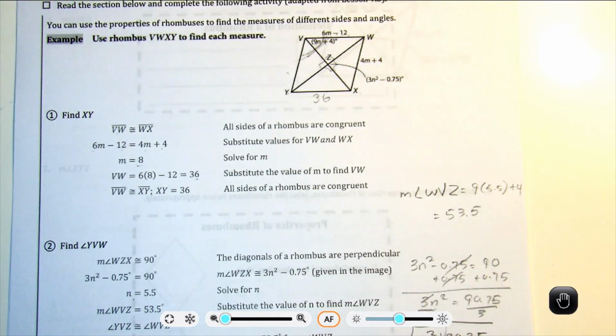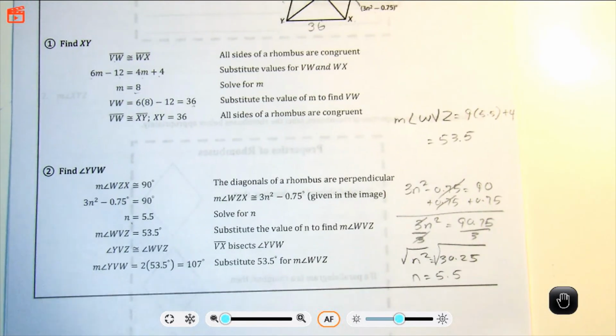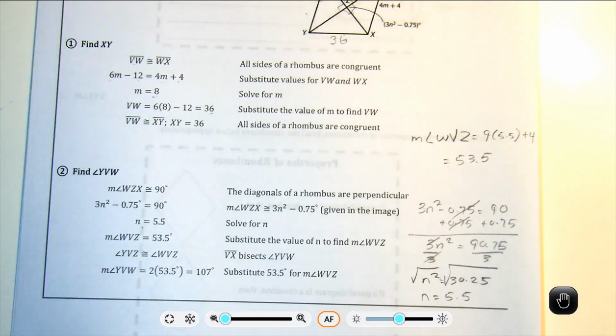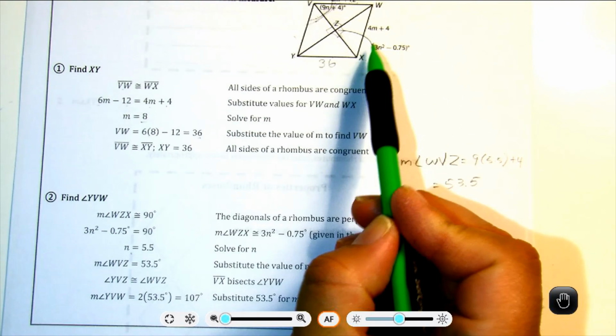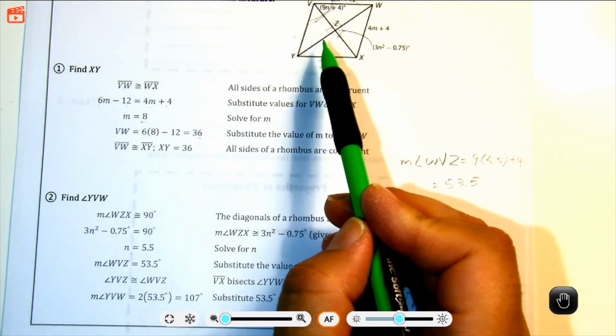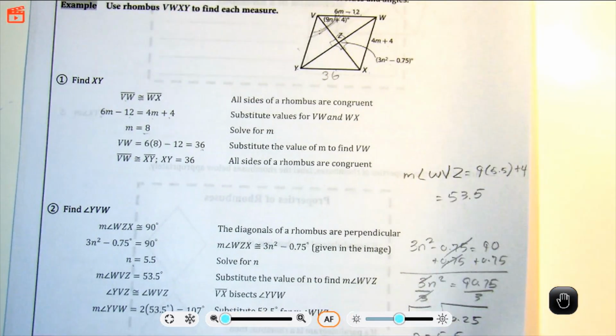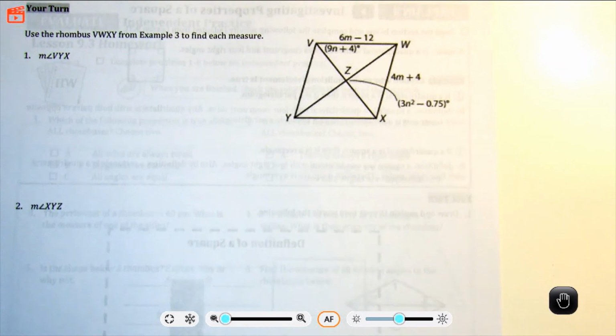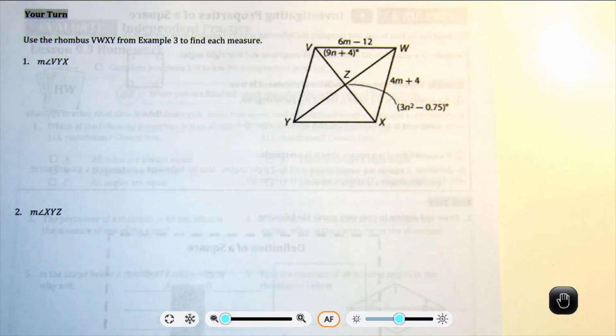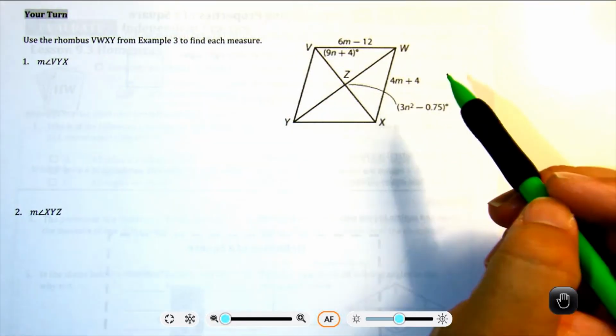So using the same figure, we're actually going to be doing 2 more problems on the next page. So for number 1, they want us to find the measure of angle VYX. So the first thing we need to do is identify where angle VYX is located.